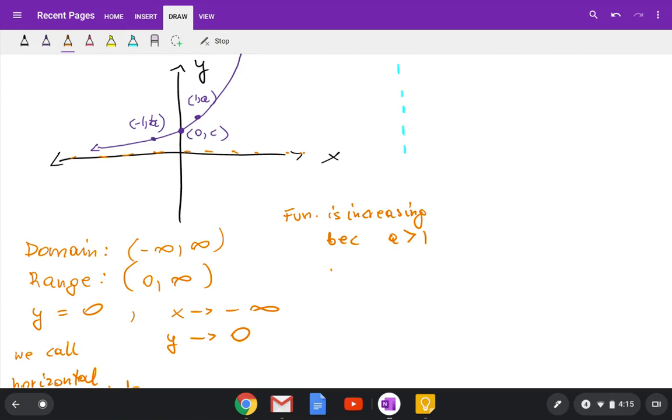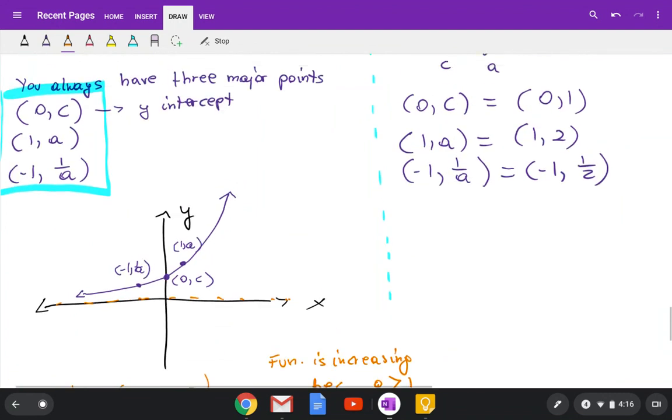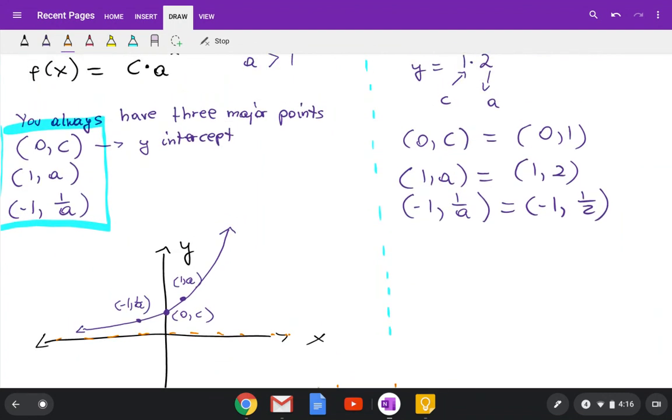No x-intercepts. Y-intercept, 0, comma c. Function is increasing. And I think that's what you need to know. Don't forget that you're always graphing an exponential function with those 3 points: 0, comma c, 1, comma a, negative 1, comma 1 over a.